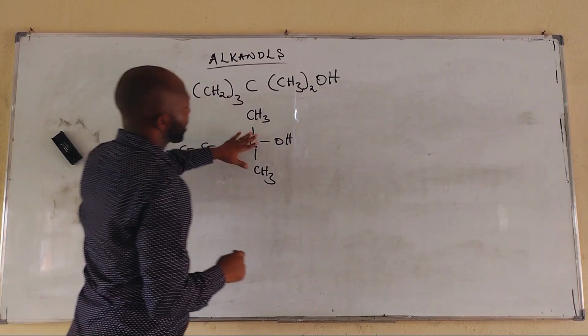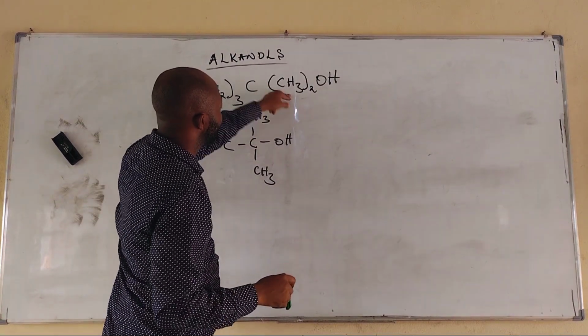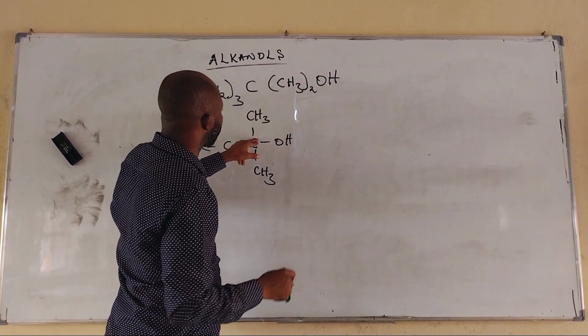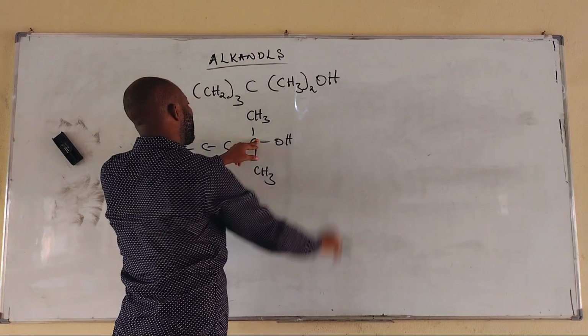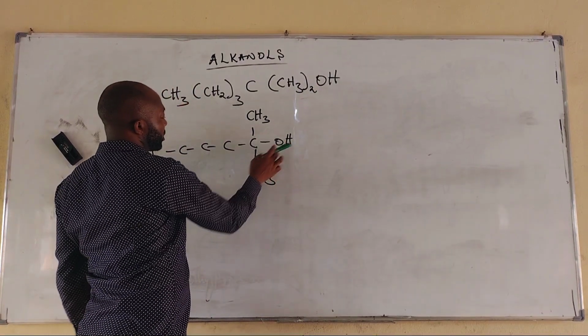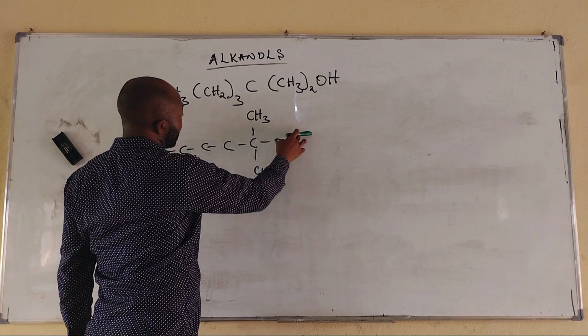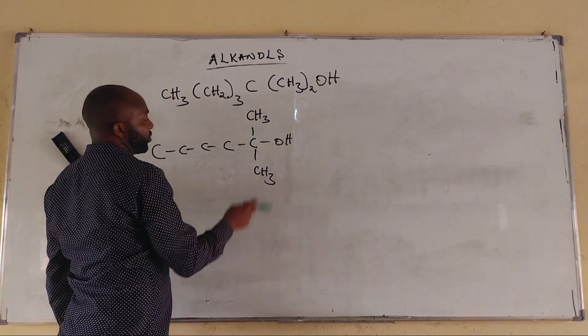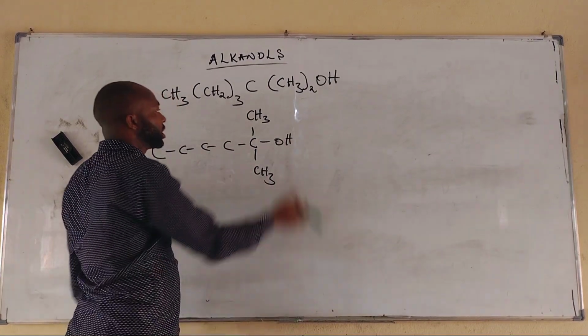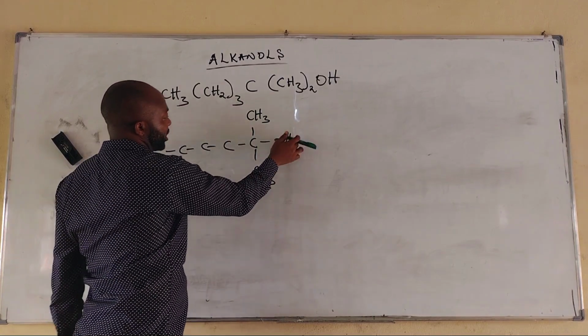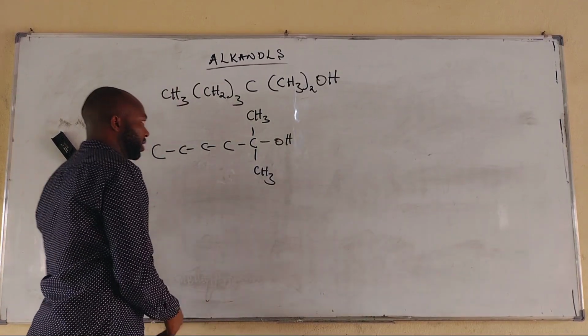This is exactly what is in the last carbon. There are 2 CH3 attached to this carbon, and 1 OH. So it doesn't matter if you put this OH here and this here. This can be our terminal carbon, this can be our terminal carbon.